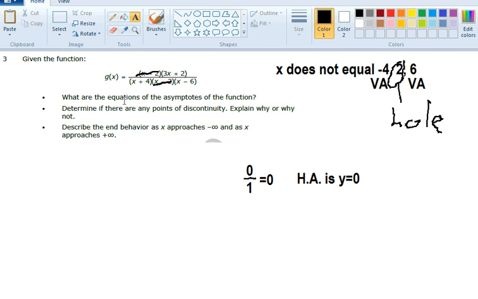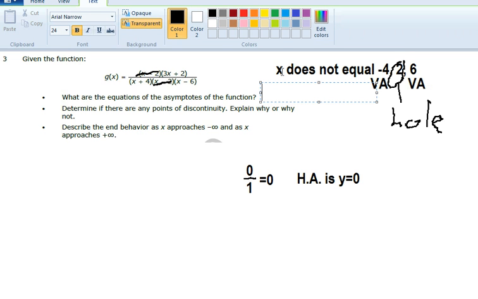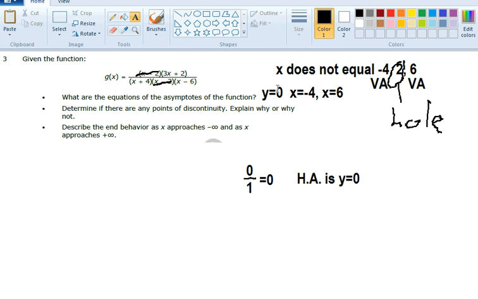What are the equations of the asymptotes of the function? Okay. Well, I know one is at y equals 0, and then I have x equals negative 4 and x equals 6. Okay, that was easy now that I've already done all my work. Determine if there are any points of discontinuity. Explain why or why not.